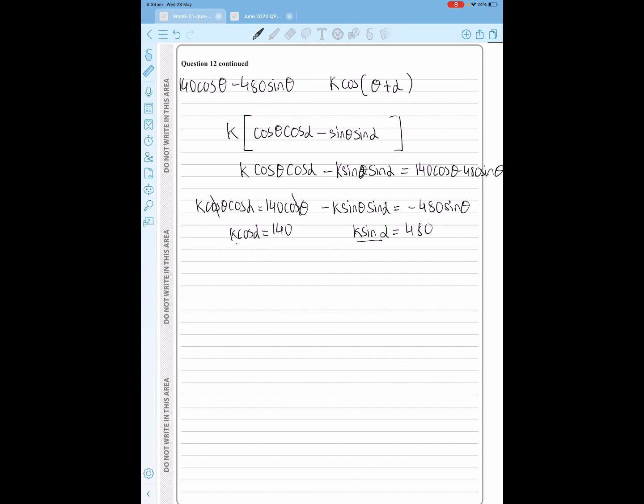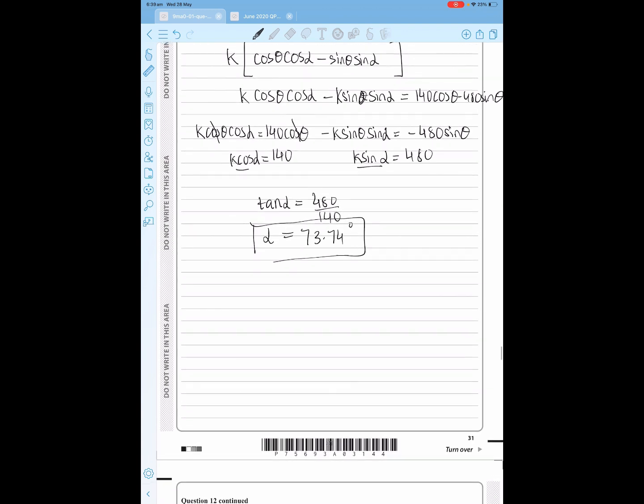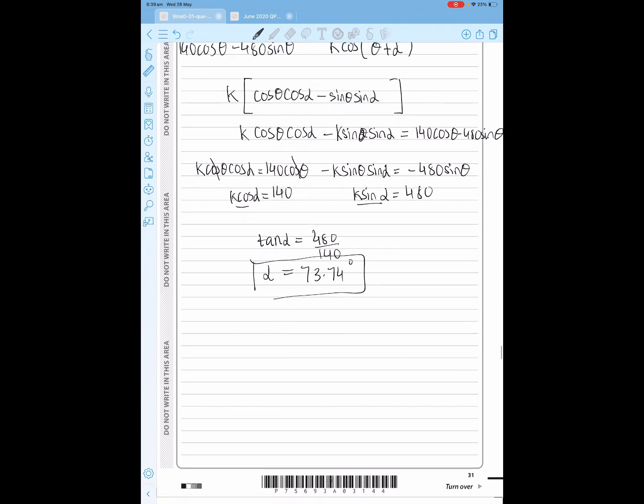Now let's first find the value of alpha. If you divide that by that, you'll get tan alpha is equal to 480 over 140. You get alpha is equal to 73.74 degrees. Now you can find the value of k by using Pythagoras.